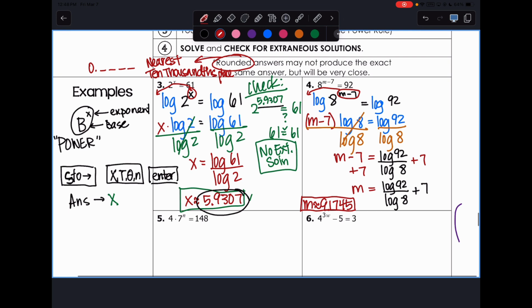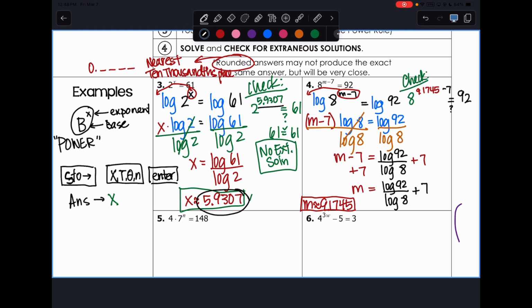Now, how do we check? We should store this answer in X and then hit enter so you have the exact same value entered into your X unknown. Then you're going to put it into the original, which is 8 to the 9.1745 and so on, and then you're going to subtract 7 from it and see if it equals 92, okay?